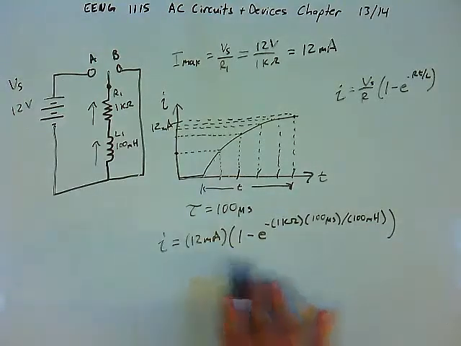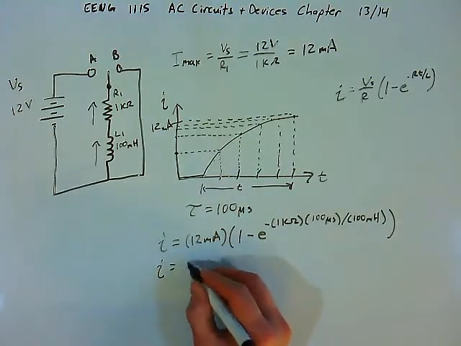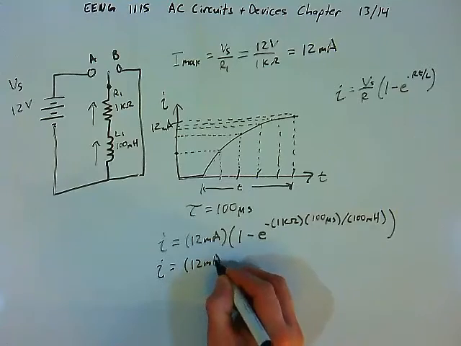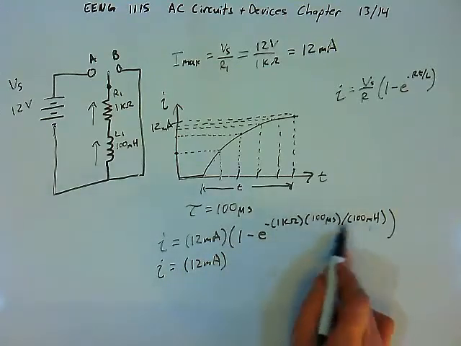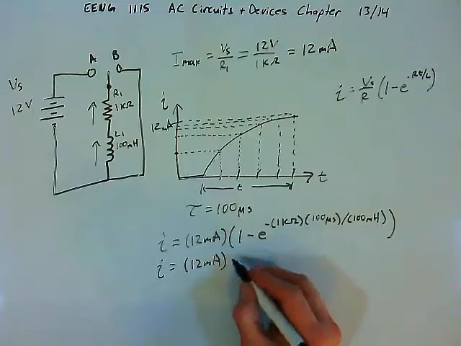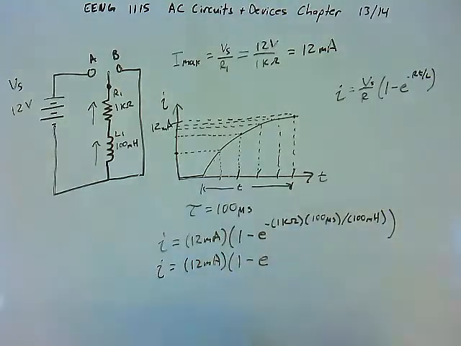And so to solve for the instantaneous current, we will start by evaluating the exponent of e. Right, so let's figure out what the exponent of e is first. It's going to be 1 minus e to this power.